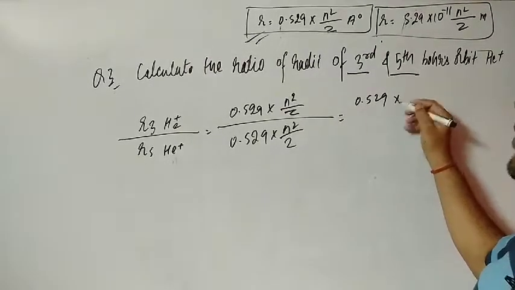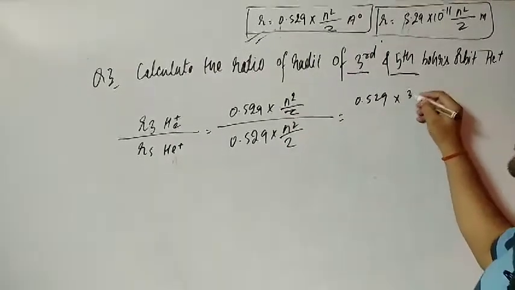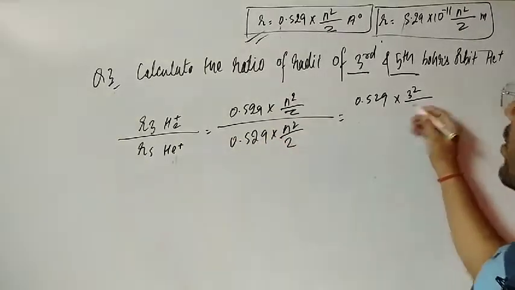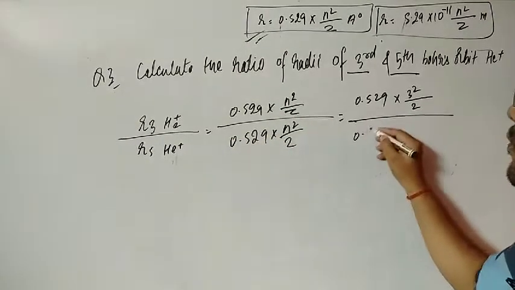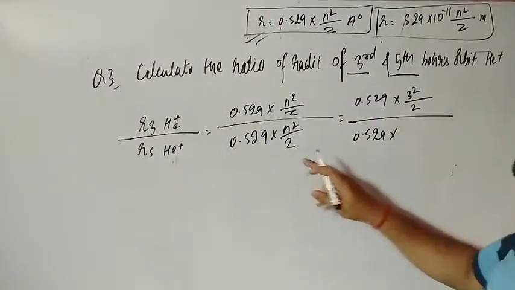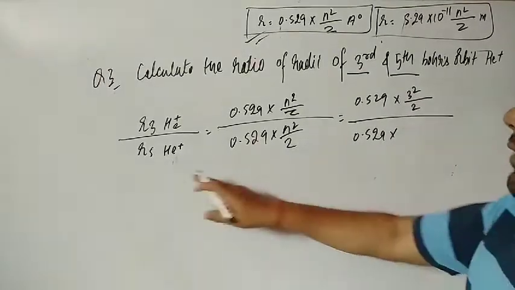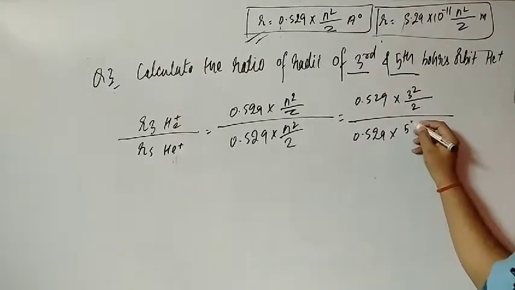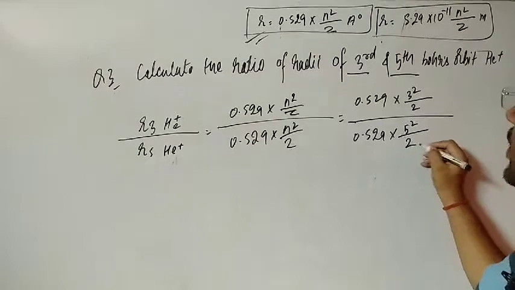Directly you can do the third orbit, 3 square upon the helium atomic number 2, divided by the fifth orbit, 5 square upon 2.